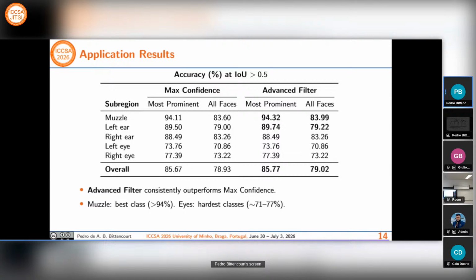Muzzle is the best performing class at over 94%, while eyes remain the hardest class at around 71 to 77%. The all-faces mode shows lower accuracy, which is expected because smaller and less prominent faces are harder to process accurately.